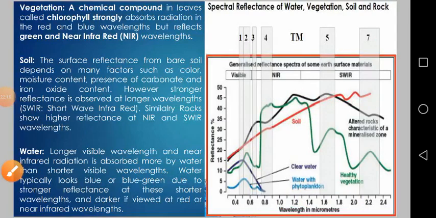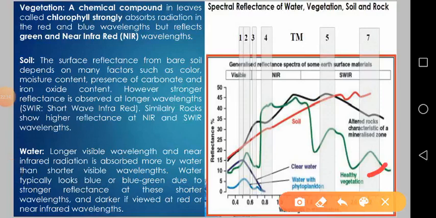If you want to observe healthy vegetation cover on the earth surface, we must use the fourth band, in the near infrared region. There you can get almost 40% reflectance. Other than that, the reflectance is very much lesser.